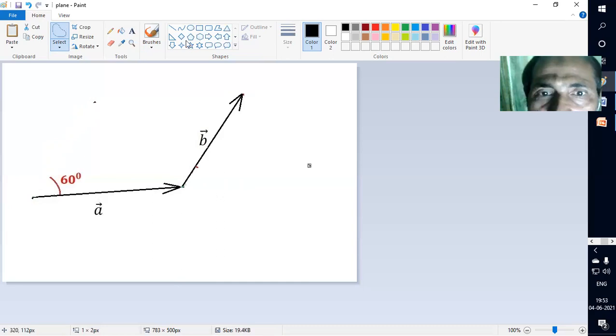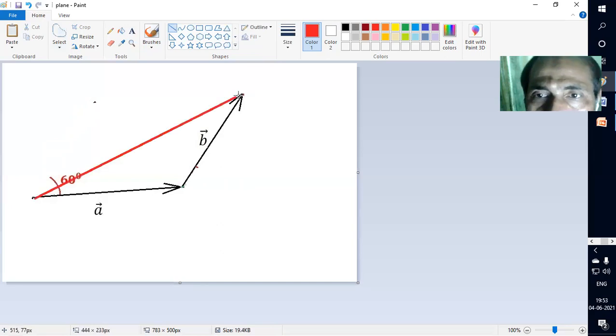You'll draw the triangle like this. This is the resultant vector. This is your answer. The red color arrow is showing you the sum of vector A and B. See, this is the triangle law of vector addition.